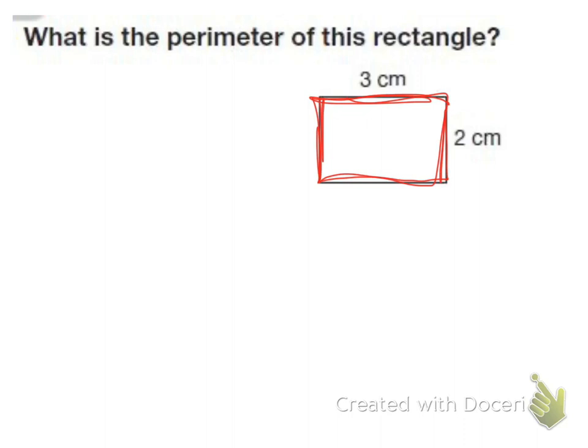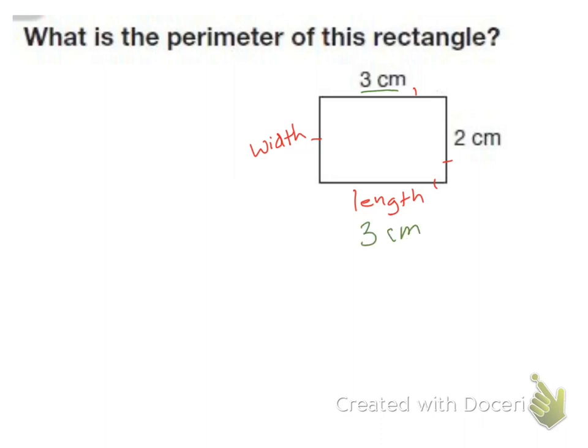When we add up the perimeter, we always add up the length and the width of each side. When we're doing perimeter, we think of length as being the longer side and width as being the shorter side. To find the perimeter, I need to add up all four of these sides. On a rectangle, opposite sides are the same. So if the top is 3 centimeters, the bottom has to be 3 centimeters.